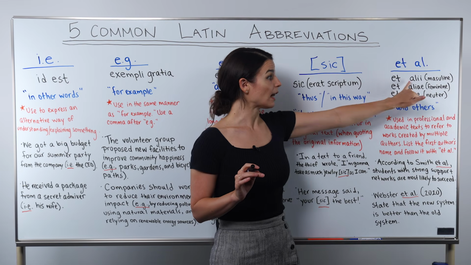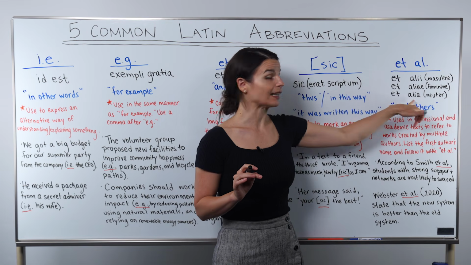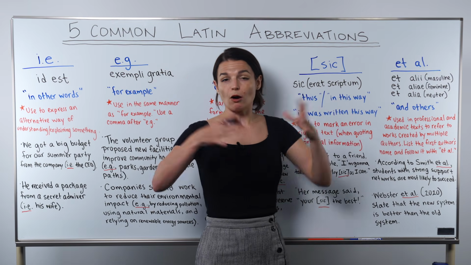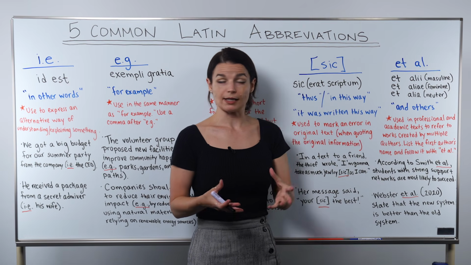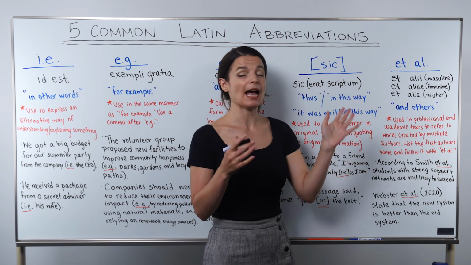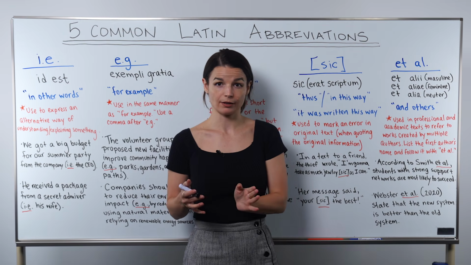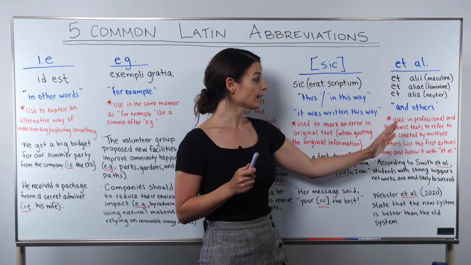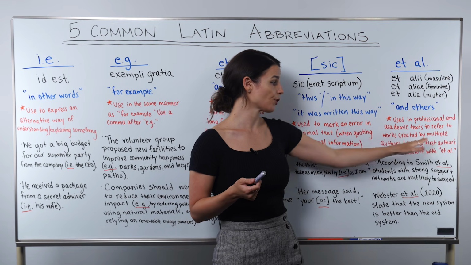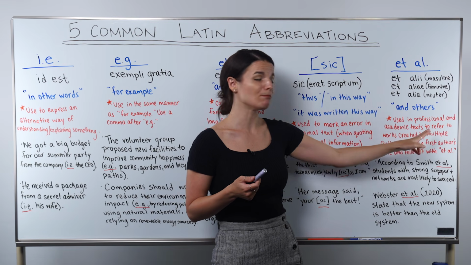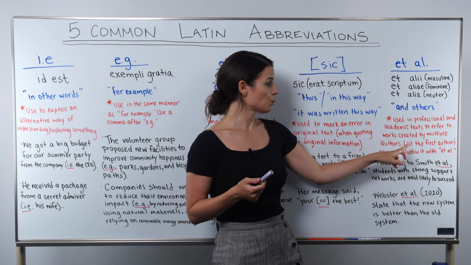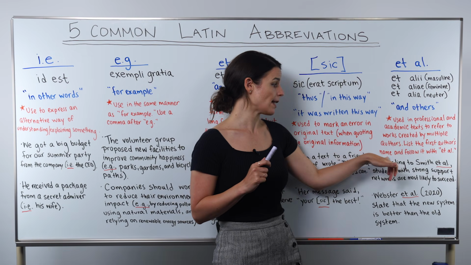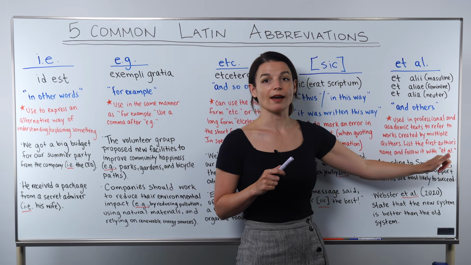It could be "et ali," "et aliae," "et alia," but generally they all refer to the same thing in today's English, which means "and others." So we use this in professional and academic texts to refer to works created by multiple authors. So we list the first author's name and follow it with "et al."